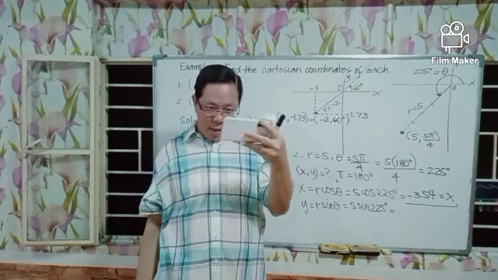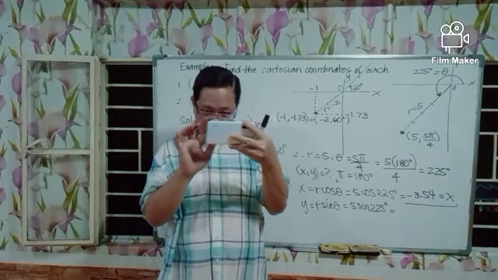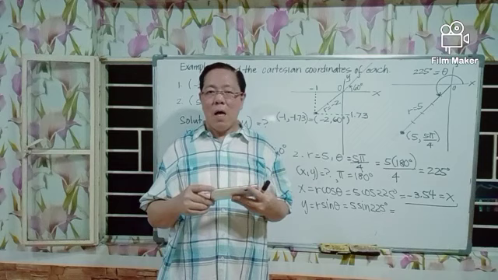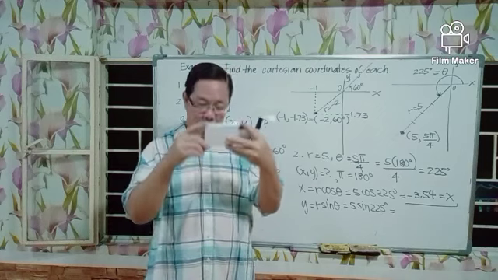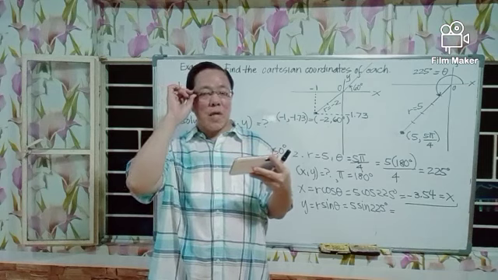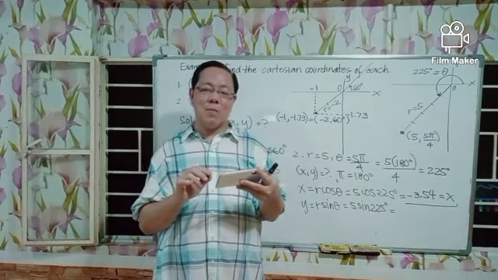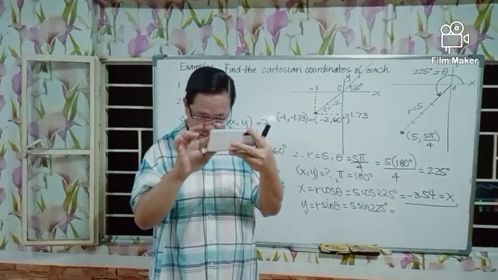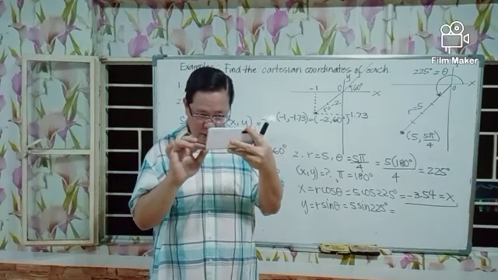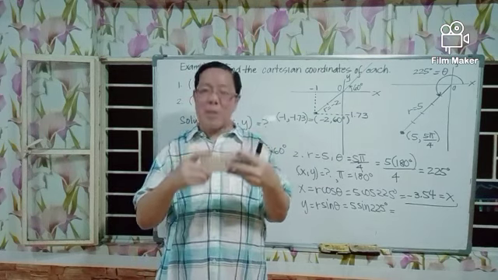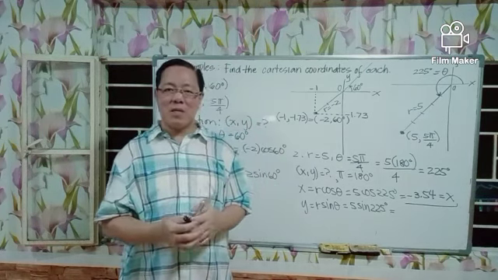Sine of 225 degrees is also equal to negative 0.707. And before you round that off to 2 decimal places, multiply that answer by 5, the value of r. And you should get negative 3.54 to 2 decimal places.